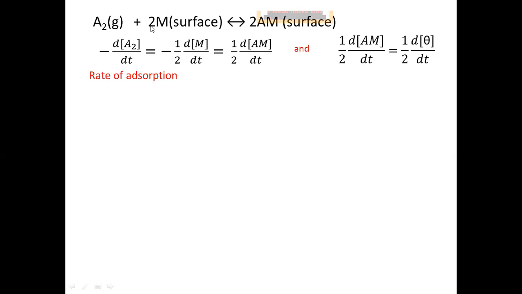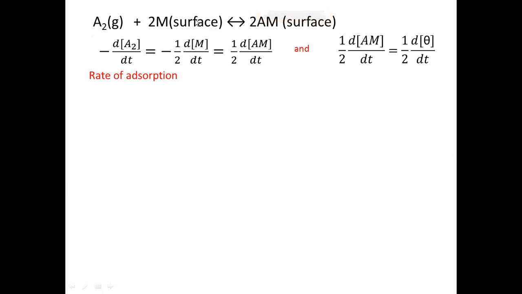So if you want to equalize these two rates, you divide this rate by 2, or in other case you can multiply by 2 with the A2 molecule. This you can also equalize the two rates of the reaction, but in a similar way it is written over here. Just divide by whatever coefficient is mentioned over here, so just divide by 1, and the rate of this will be equal to this.